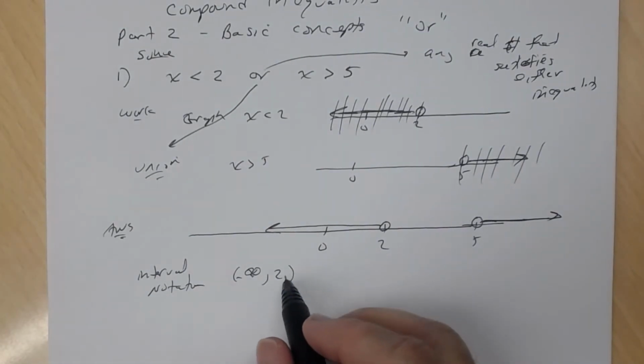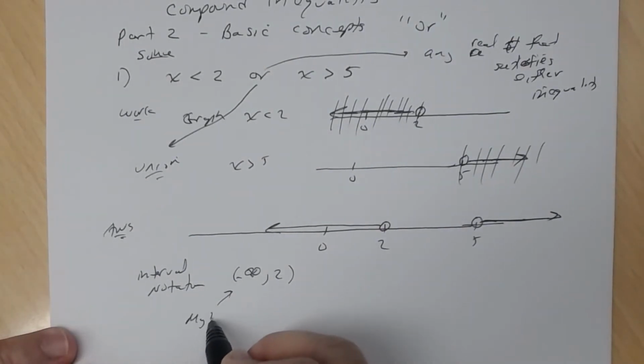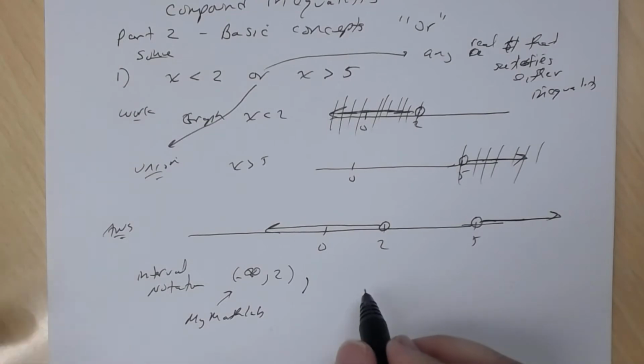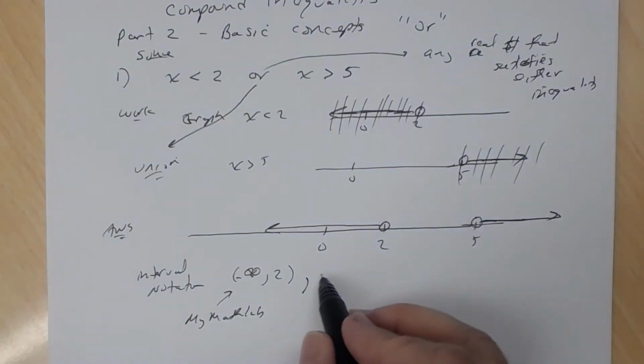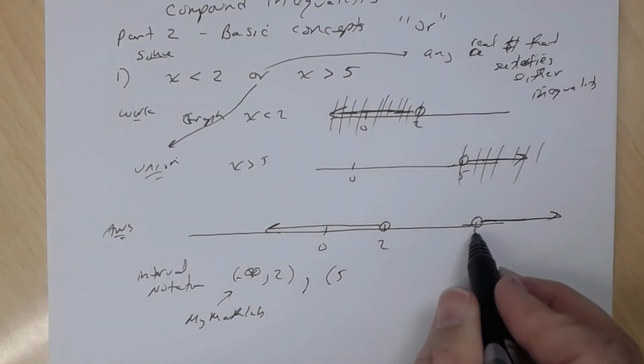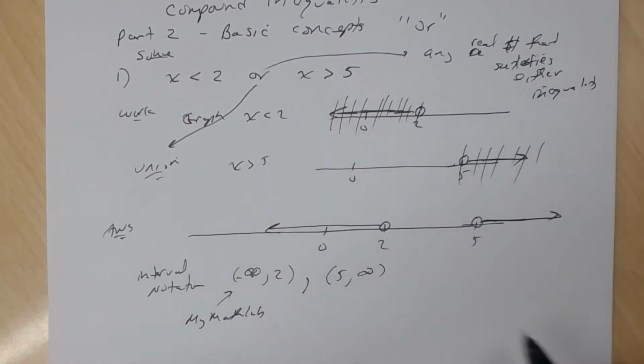Now remember, this is MyMathLab. And then you're just going to put a comma. It's going to tell you to separate your intervals using a comma, and then parentheses 5, because 5 is not a solution, open circle, to infinity.